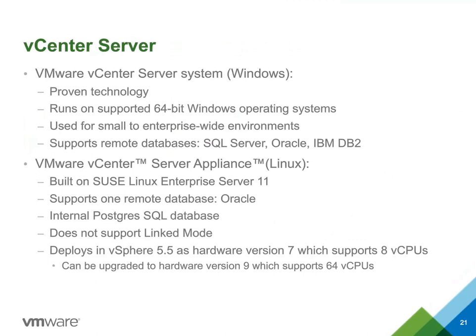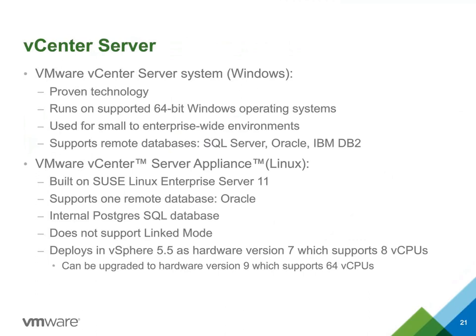Another issue that may drive the decision is the fact that the appliance does not support a couple of features that the Windows version does. For instance, one feature not supported by the virtual appliance is linked mode. Linked mode, as you probably already know, allows you to have up to 10 vCenter servers working together cooperatively so that no matter which vCenter server you log into, you can see the entire infrastructure.